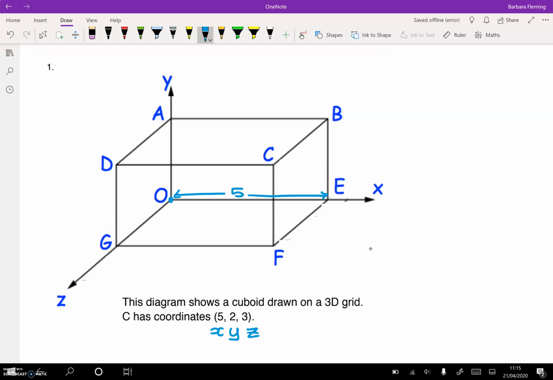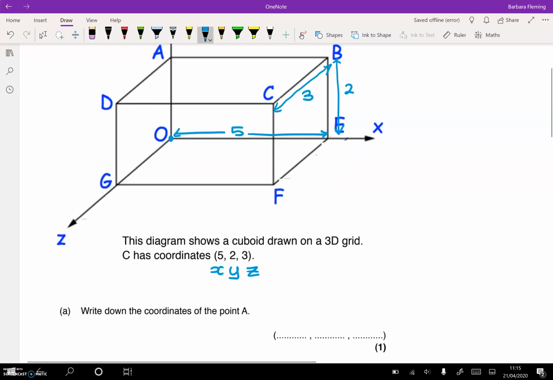Your y is going to be 2 up the way. And then your z comes out towards us, and that's going to be 3 units. So that's where you get your 5 along, 2 up, and then 3 out the way. And that'll help us find all our other coordinates as well.